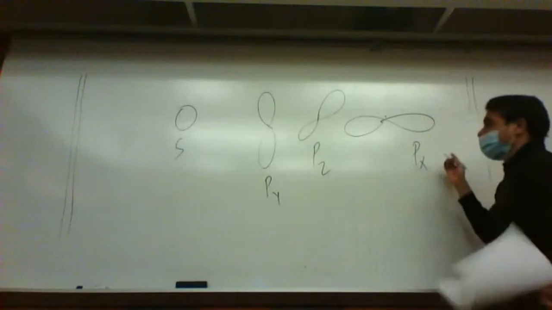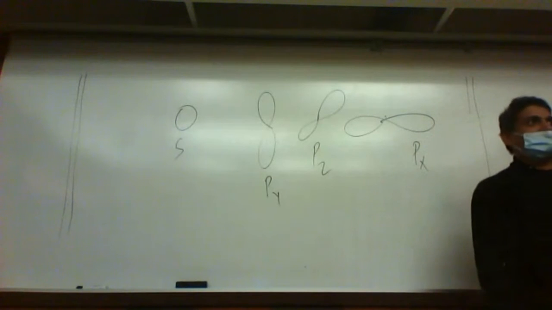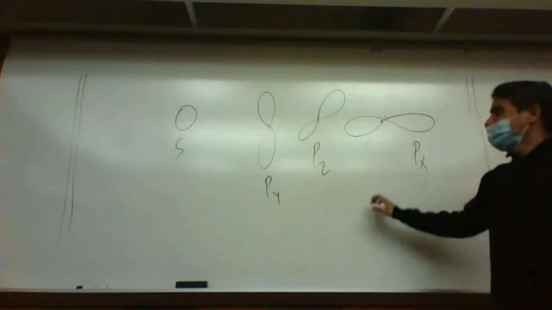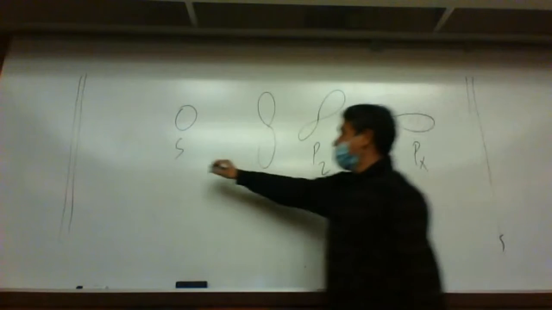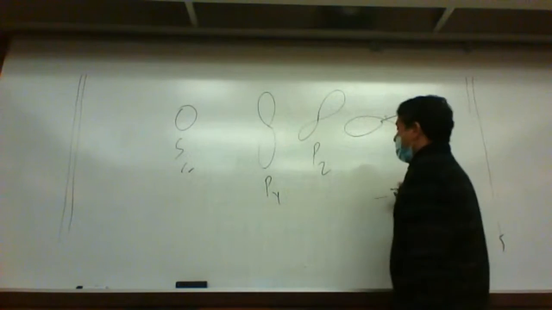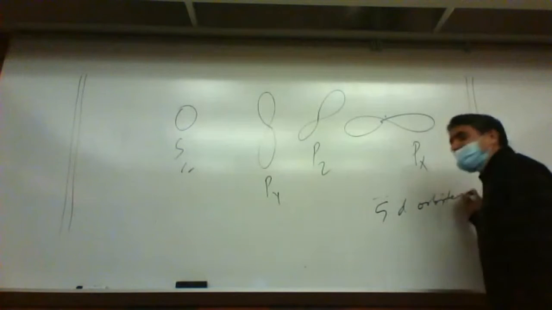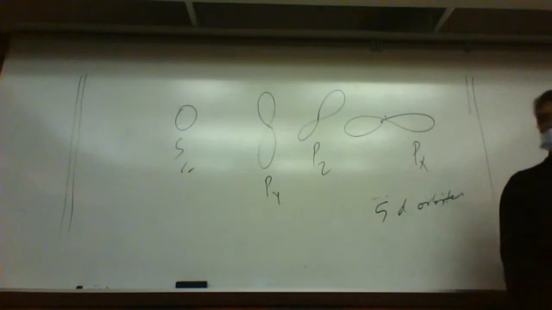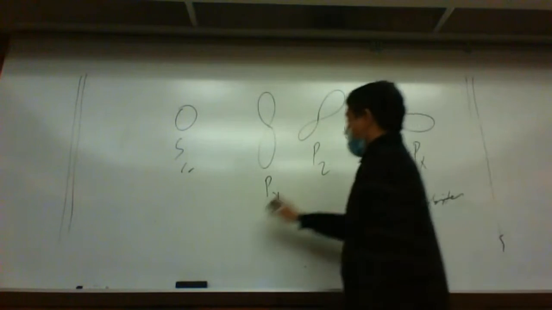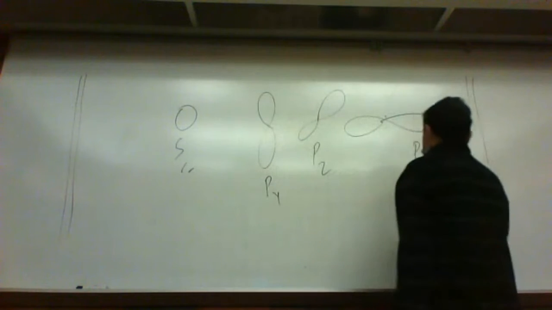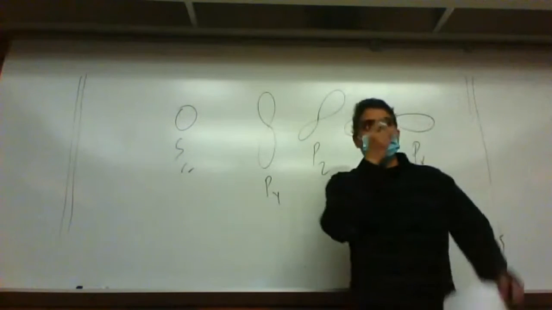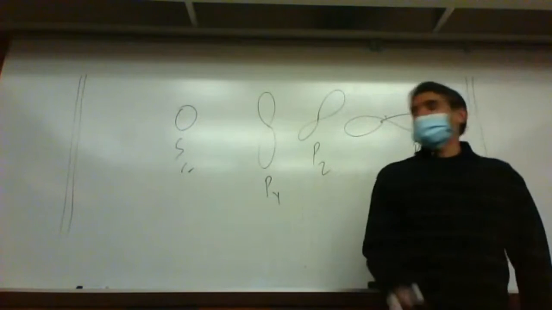If you remember the previous class in chapter 7, we have one s orbital and 3 p orbitals, and we have 5 d orbitals. In this class we don't talk about the d orbitals, so we are just working with these 4 kinds of orbitals.